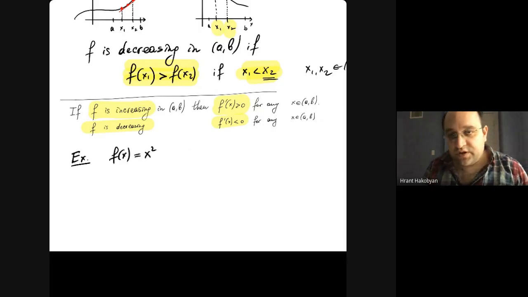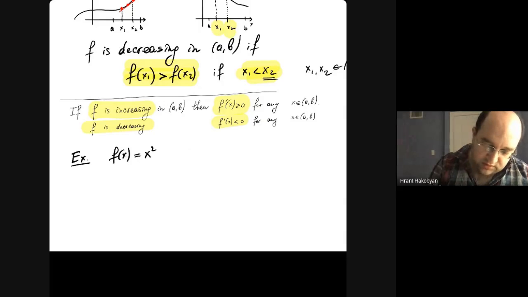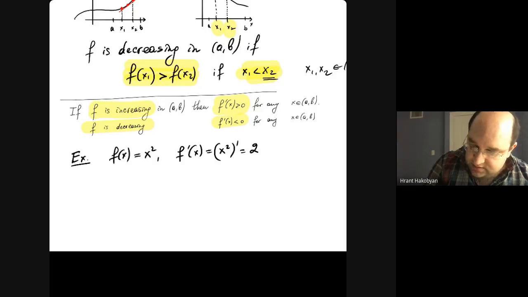I want to figure out where the function is increasing or decreasing. So what do I have to do? Let's take the derivative. That's what this statement said in the beginning. The derivative of x squared is 2x.